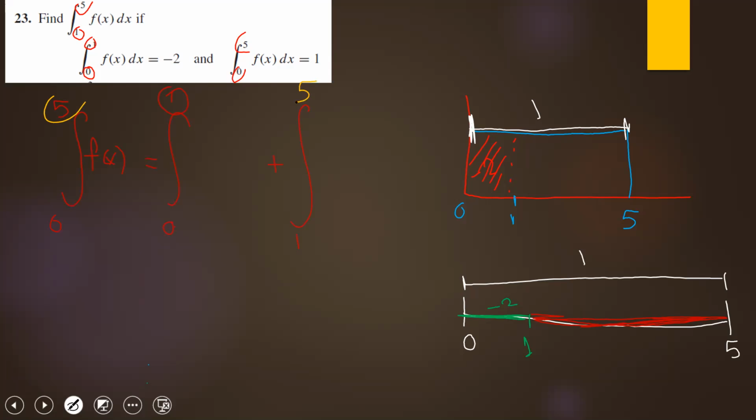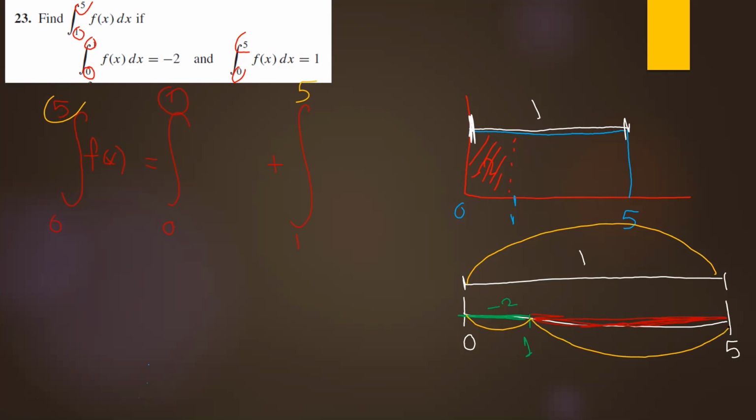So from 0 to 5, I will say it's from 0 to 1 and from 1 to 5. From 0 to 1, f of x, and 1 to 5, f of x also.